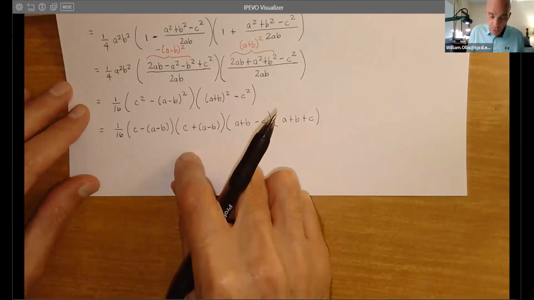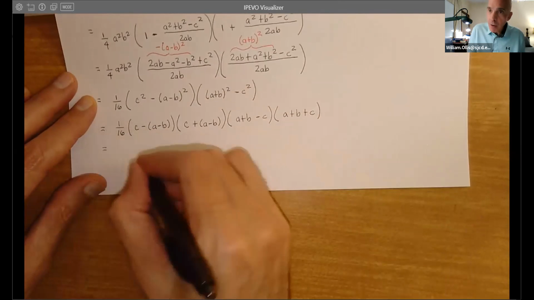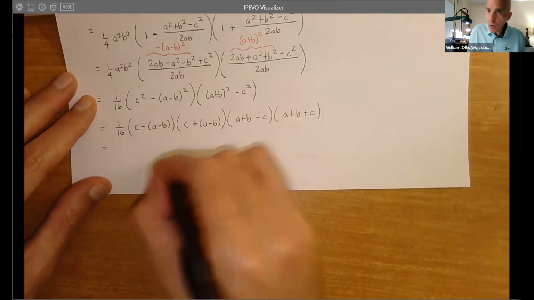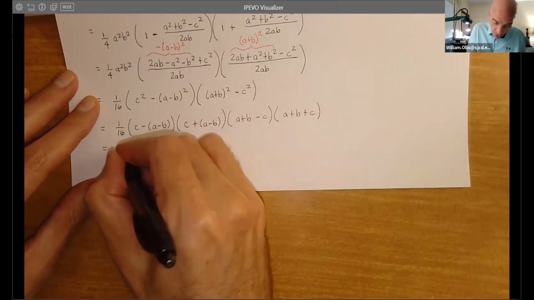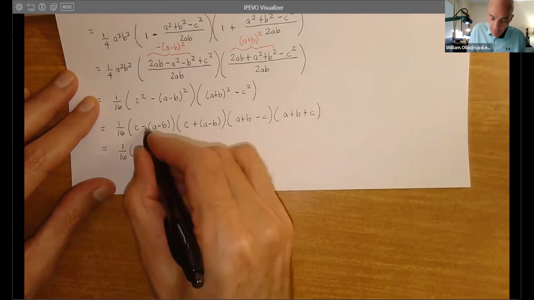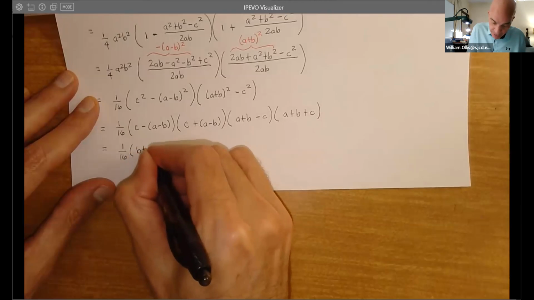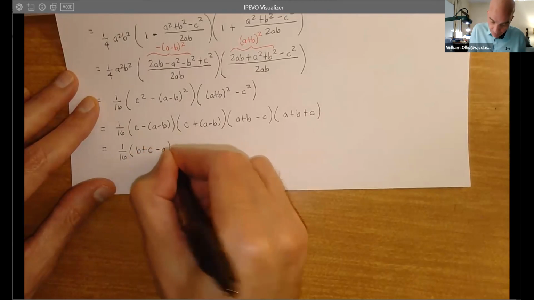Now what we want to do is just clean this up and see how we can force the s into all of these factors. So 1/16. So we got a minus a, but minus minus gives us a plus b. So that'll be a b plus c minus a.